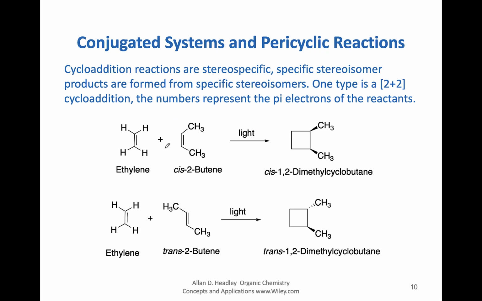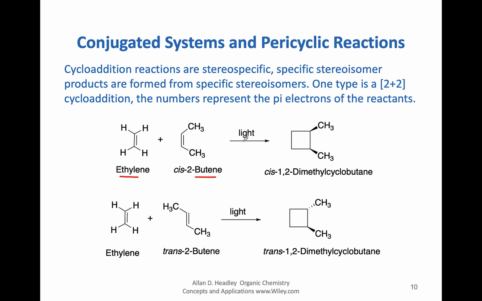So let's begin. The simplest, of course, is two ethylene units. So here is ethylene and here is cis-2-butene. Notice again, here's a double bond, here's a double bond. This is not conjugated because we're looking at the simplest system first. So here is a double bond and a double bond in the presence of light.